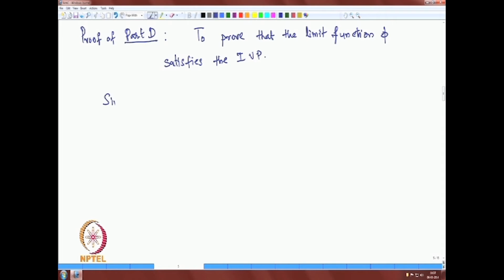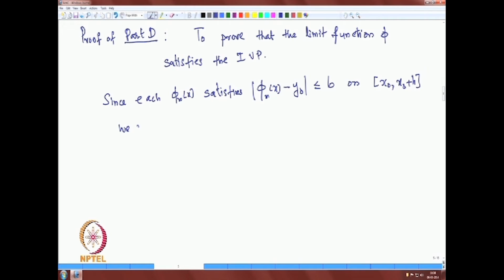Since each phi n x satisfies the estimate phi n x minus y0 is less than or equal to b on the interval x0 plus h, which we have proved in part A, each phi n x is inside the rectangle R or R1.